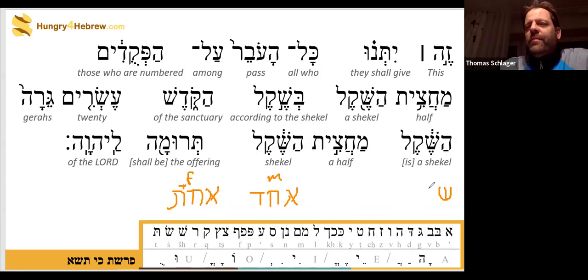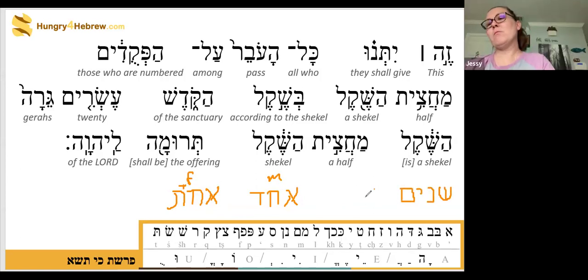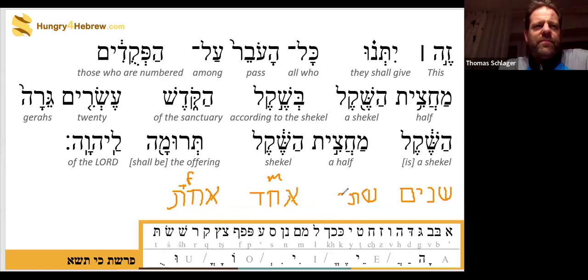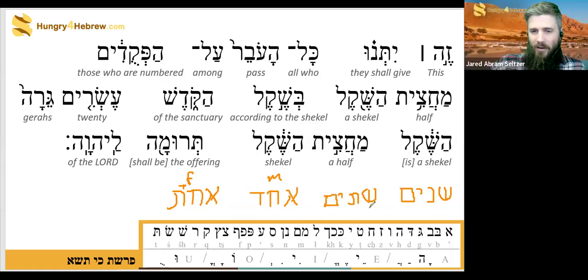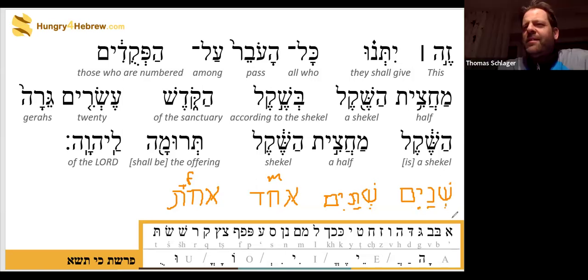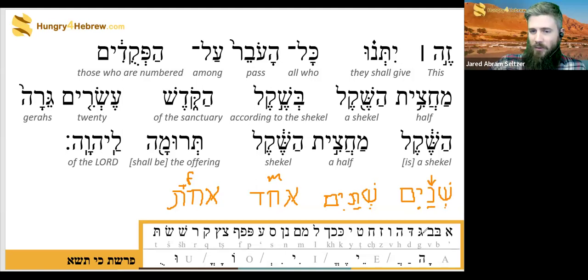What's the masculine for number 2? What's the feminine? Shnaim. Shtaim. Something similar happened here. Shtayim has the dual suffix for 2. Shnayim also has the dual suffix for 2. But here you get to see the nun. It's in the dagesh because a feminine tav was added, same as over here.